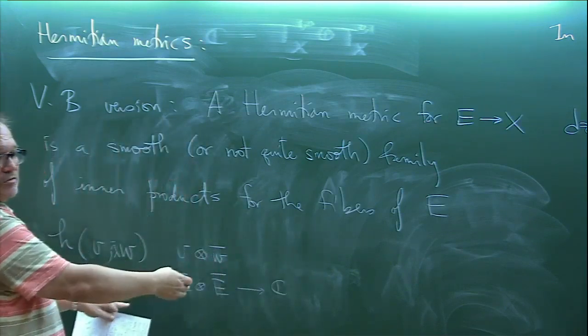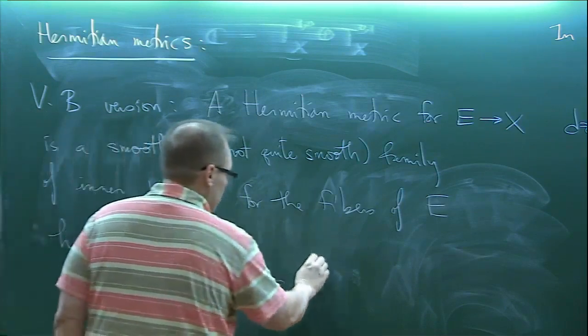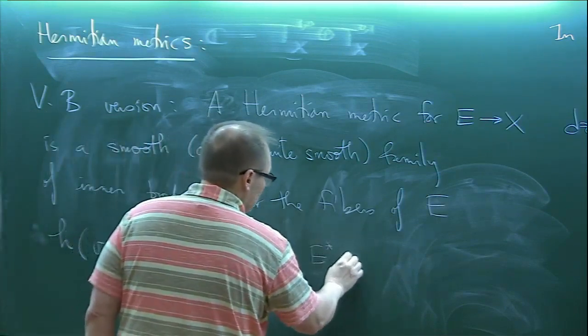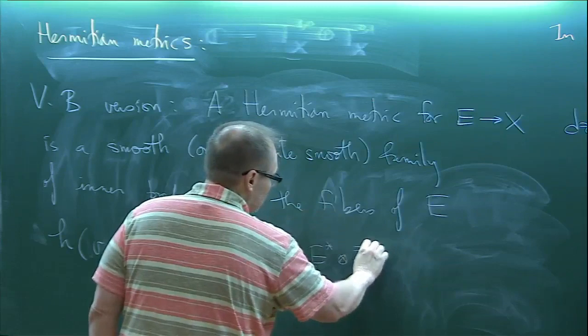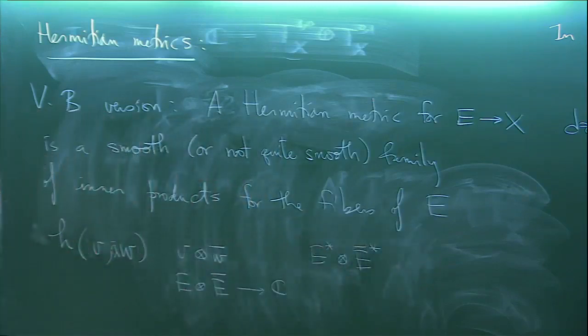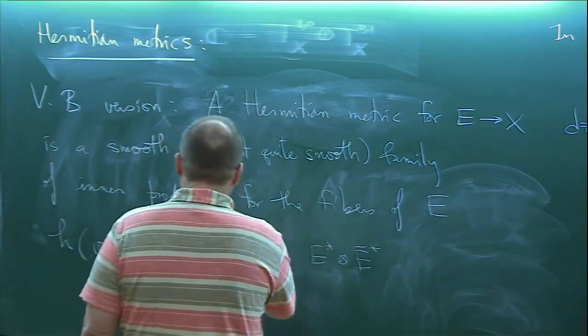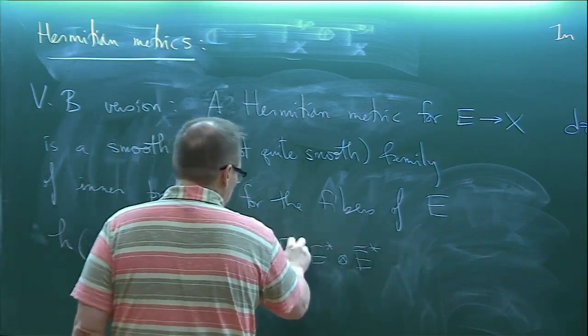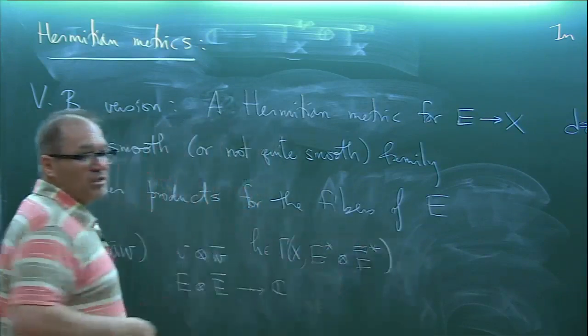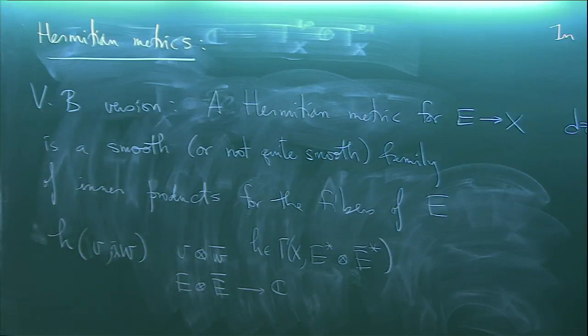So it's actually an element of the dual of this thing. It's really a section of E star tensor E bar star. The bar and the star can commute. So this H is a section of this thing, and now you can talk about the regularity of this section. The definition of that is exactly what I said before in terms of the frames.